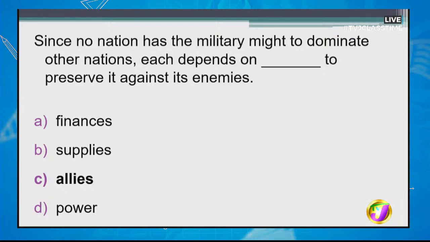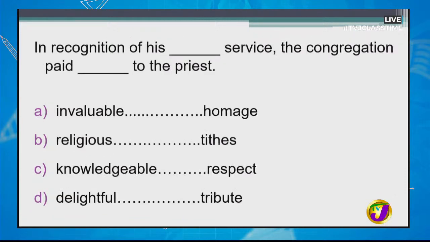All right, let's look at our next sentence. In recognition of his blank service, the congregation paid blank to the priest. A double whammy again. So our first pair, invaluable and homage.